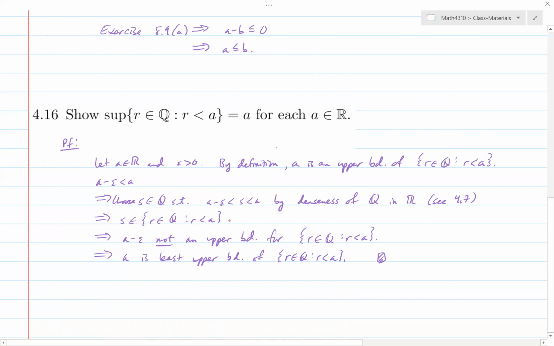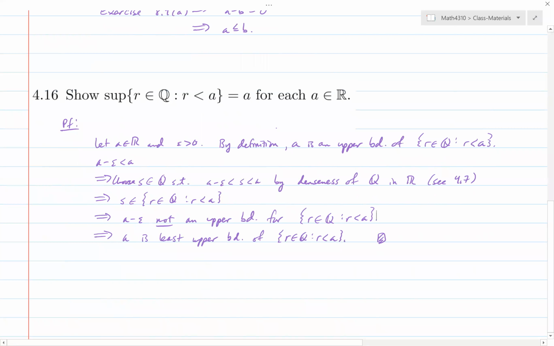So there's some s in this set that's between a minus epsilon and a. That means a minus epsilon is not an upper bound for this set, and so a is the least upper bound, because epsilon is arbitrary.